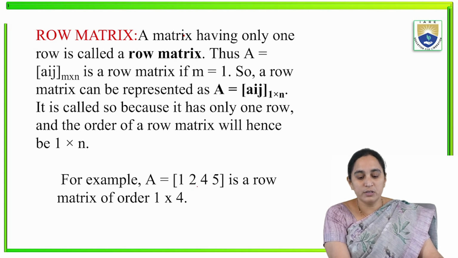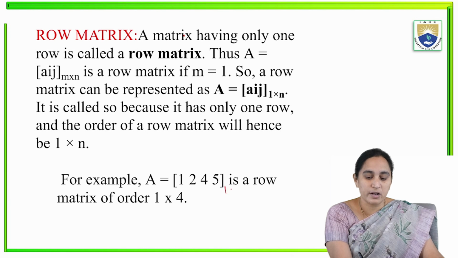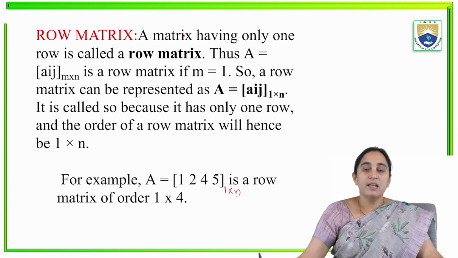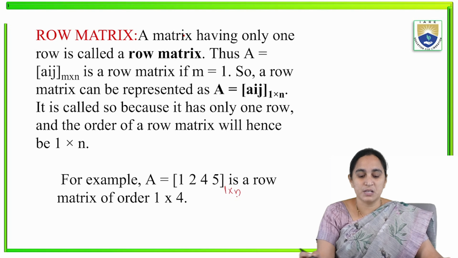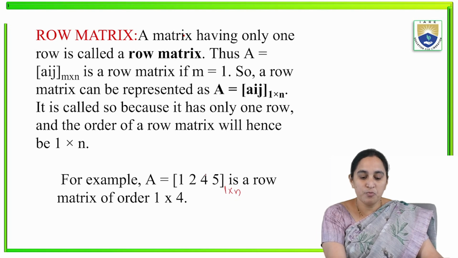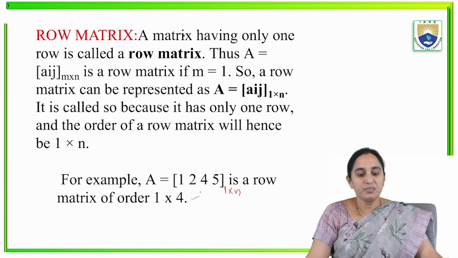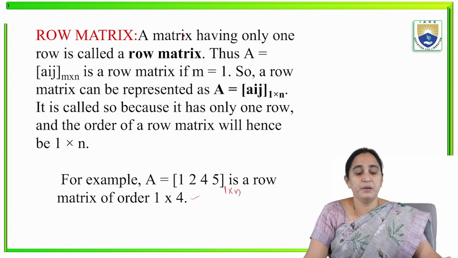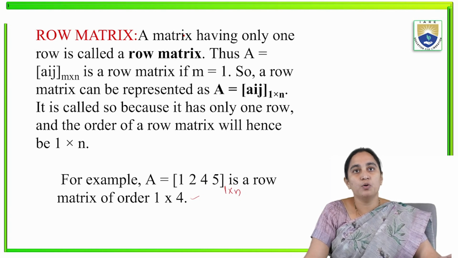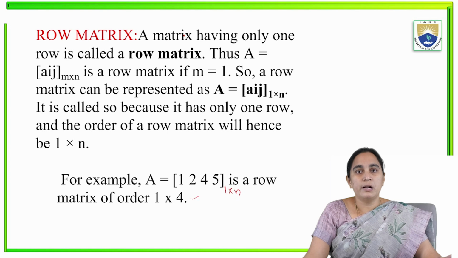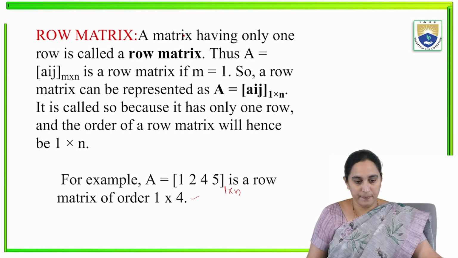Therefore, what is the order? This is 1 by n, where n means the number of columns. Here the number of columns is 4. Therefore the given example has order 1 by 4. Once again, a matrix having only one row is called a row matrix, and the example is A equal to 1, 2, 4, 5.